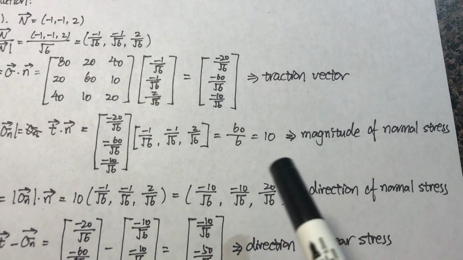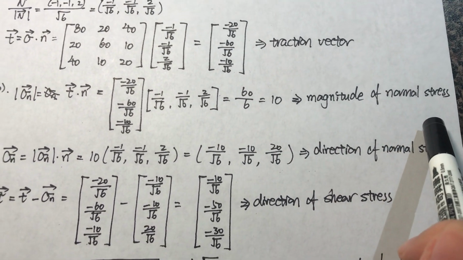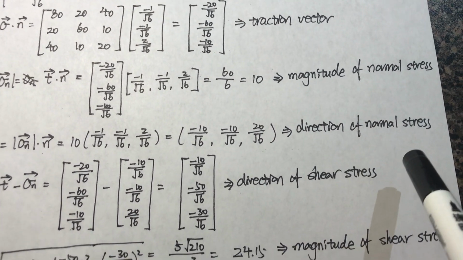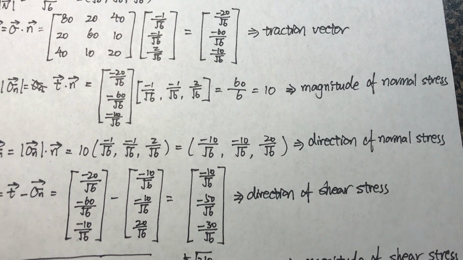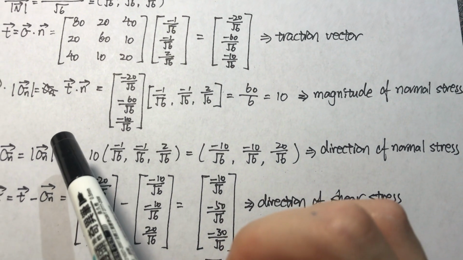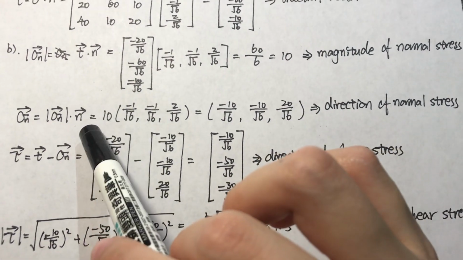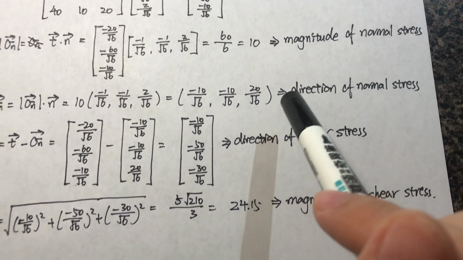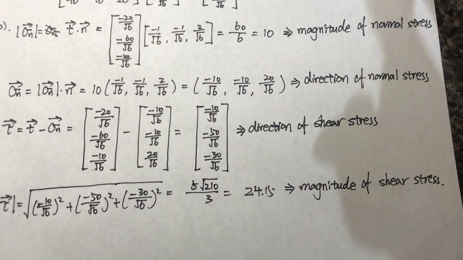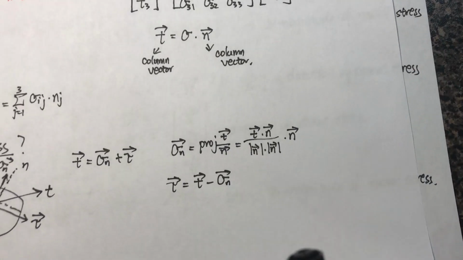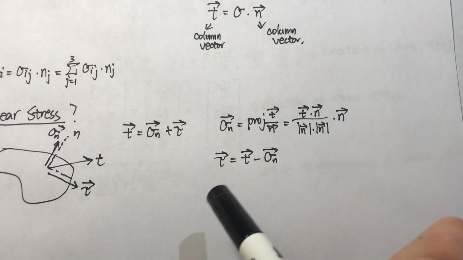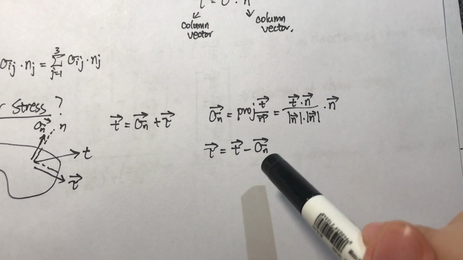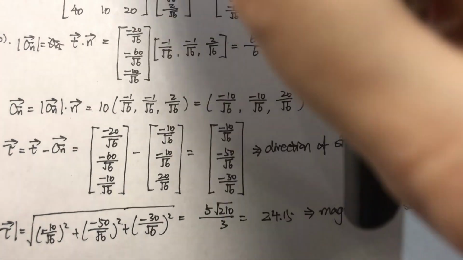and that is the magnitude of the normal stress. If we want to find the direction of the normal stress, we just multiply by the n here, so we have the direction of the normal stress. And for the shear stress, as we talked about before, it is the traction vector minus the normal stress.